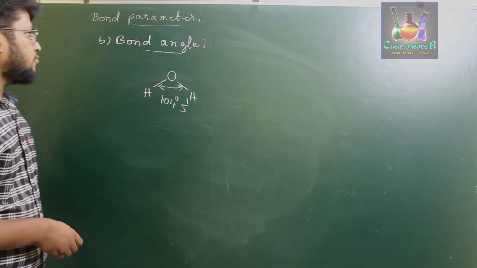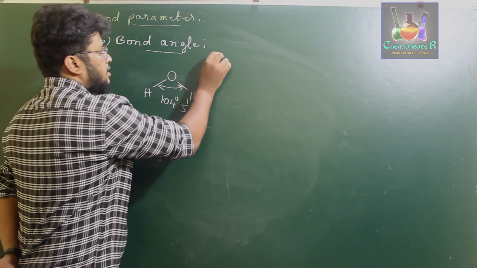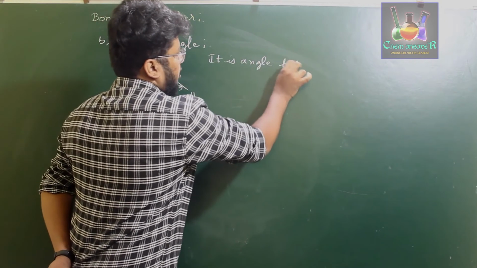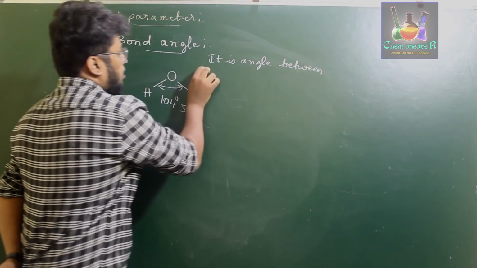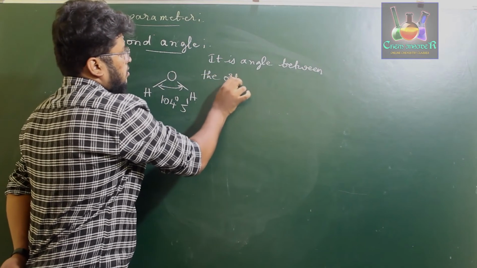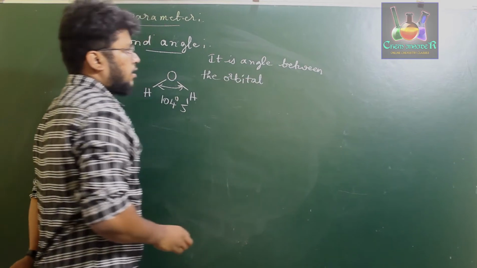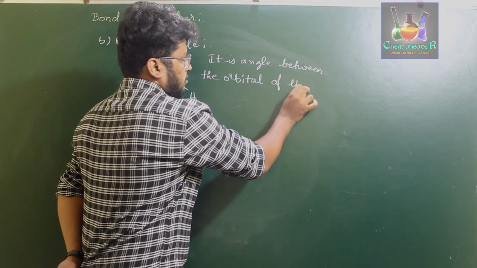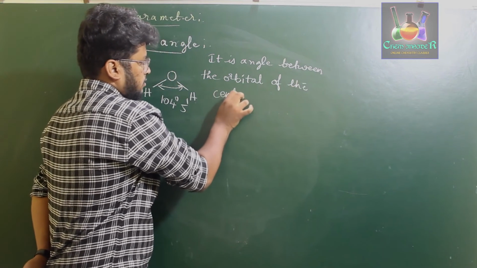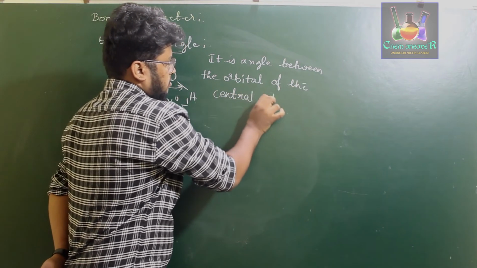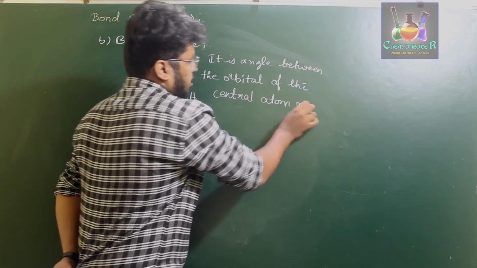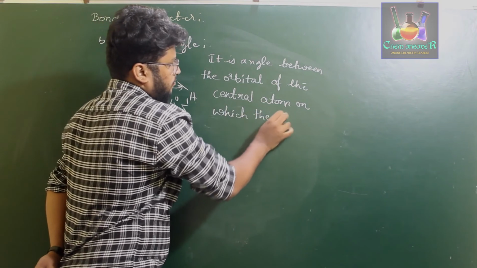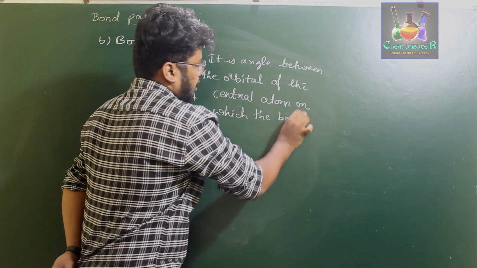So the exact definition of bond angle is, it is the angle between the orbitals of the central atom on which the electrons are being occupied, that is, where the bonding electrons get occupied.